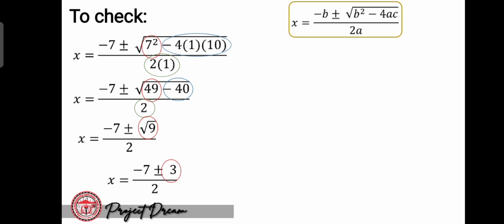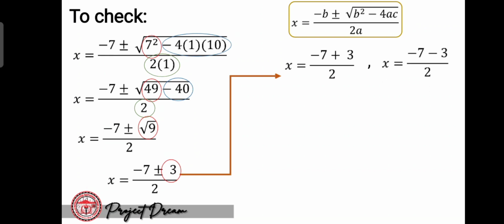Next, let us separate. So it becomes x is equal to negative 7 plus 3 all over 2, and x is equal to negative 7 minus 3 all over 2.